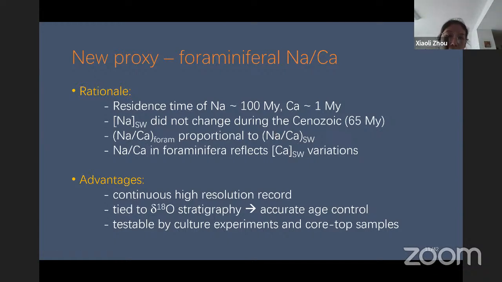And this proxy has several advantages over the other proxies, especially the fluid inclusions. First, it can provide a continuous high-resolution record. Second, because it is tied to accurate stratigraphy, it can have accurate age control. And thirdly, it can be tested by culture experiments and core top samples.